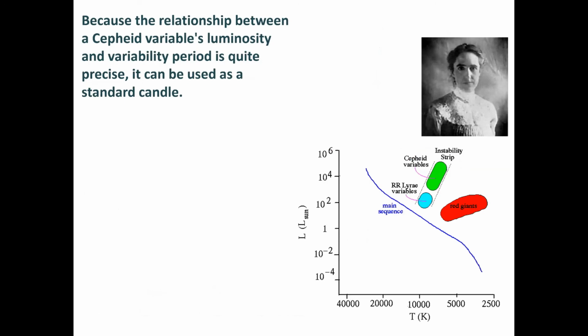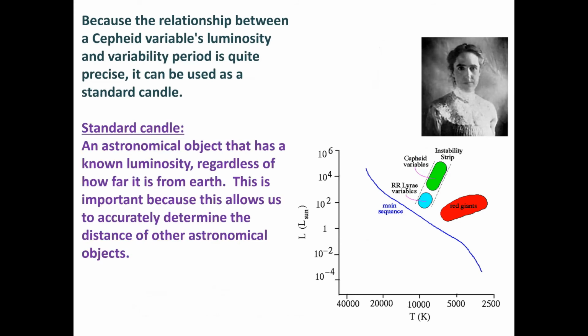Now, this standard candle is a really important concept, and I want to emphasize a couple things about it. You'll hear this term a lot from here on forward. And what you want to think when you hear standard candle is, okay, a standard candle is an object in astronomy. It's a star, basically, that I know the luminosity of.